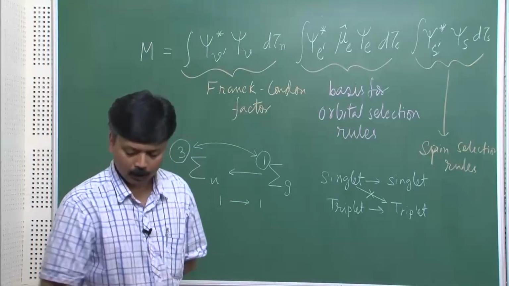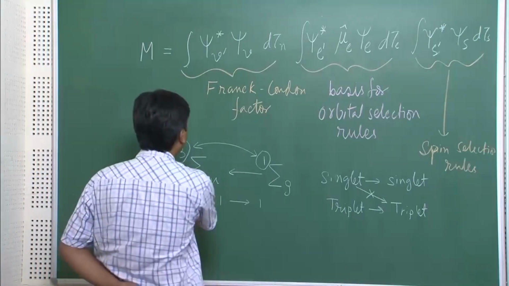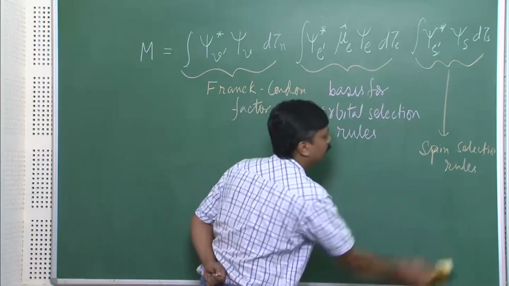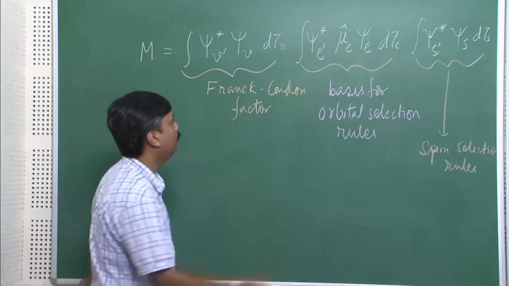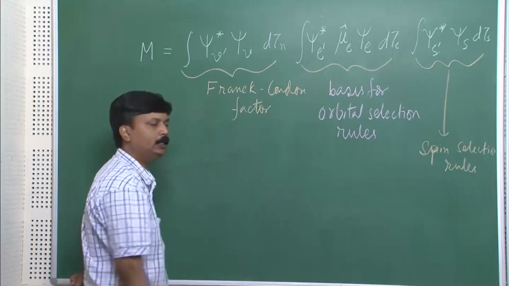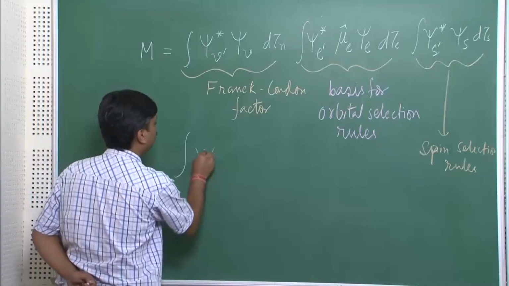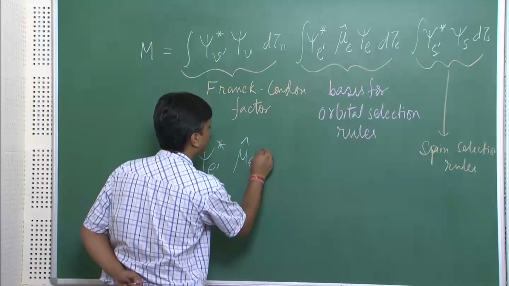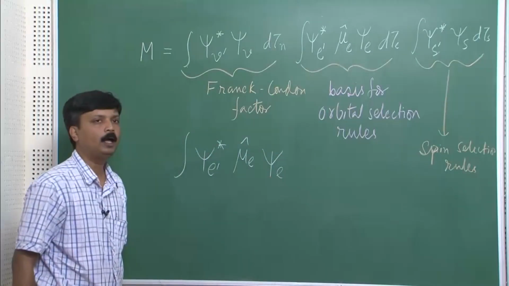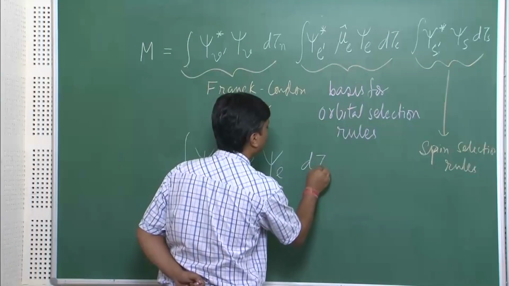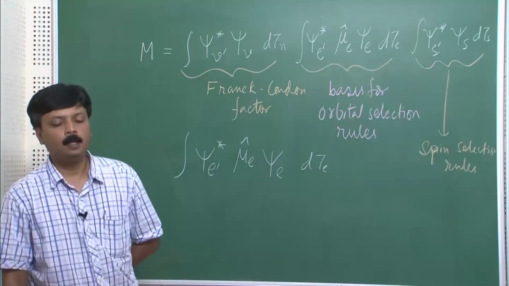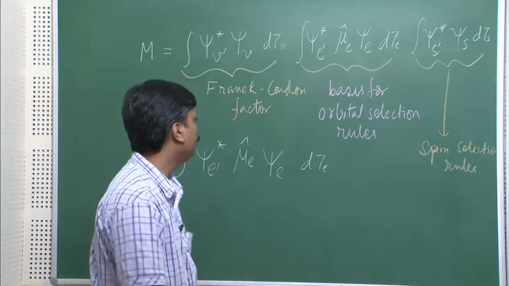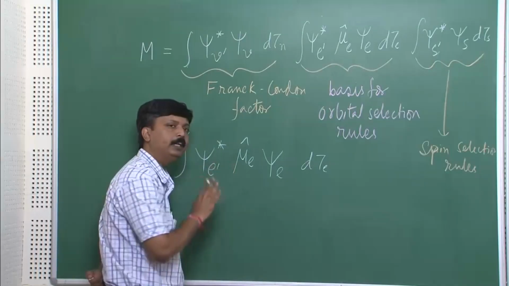Next, have a look at the orbital selection rule, so that is this particular integral. If I just take out this integral, what I have is two electronic states and the transition between those two states. Just like what we got in the case of vibrational transitions, here also it has to be handled in the very same way.